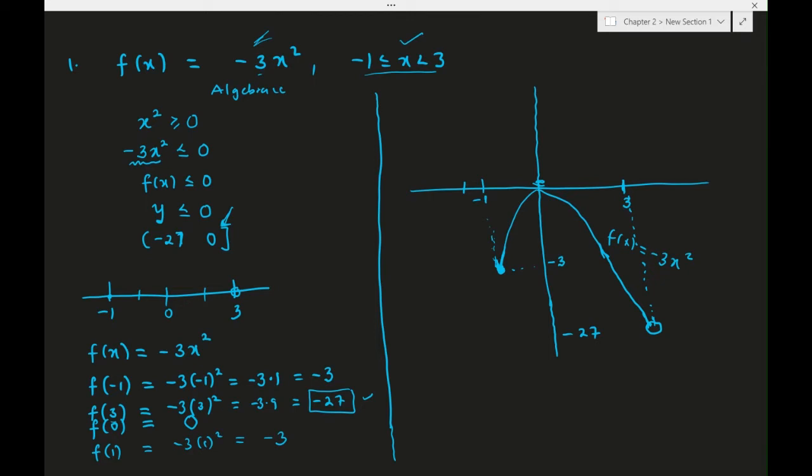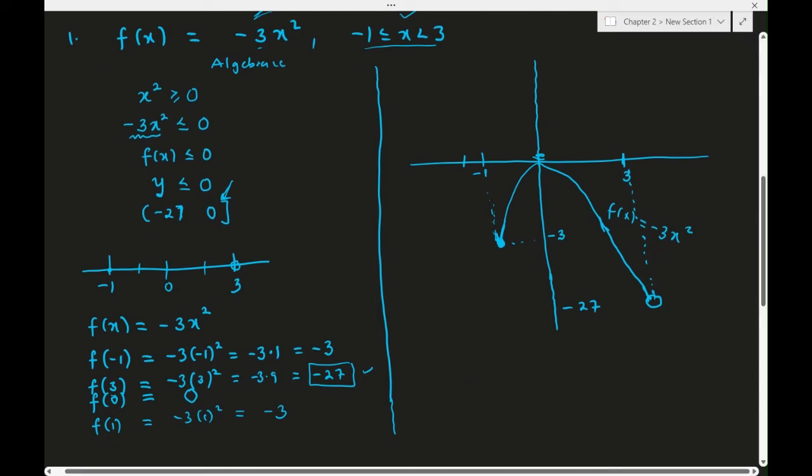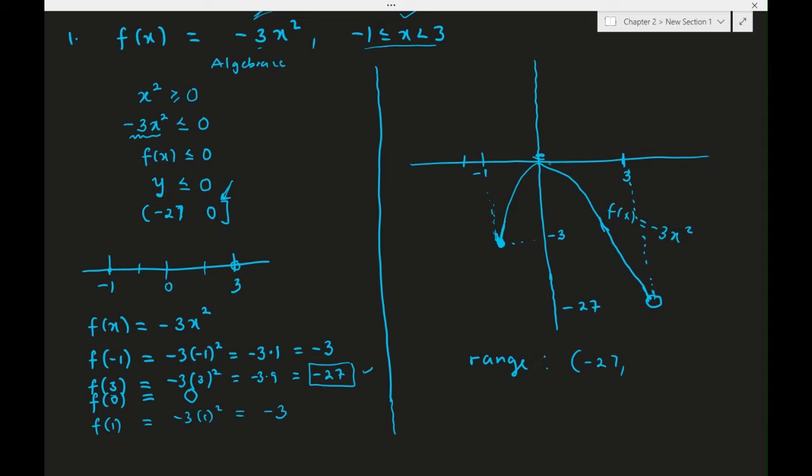And as you can see from here, the range is going to be the smallest value of y, which is minus 27, then up to the maximum value of y, which is not minus 3, but is going to stop here, at 0.